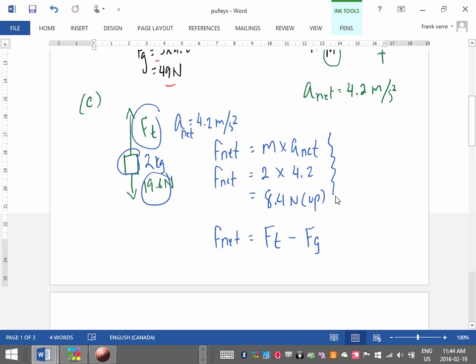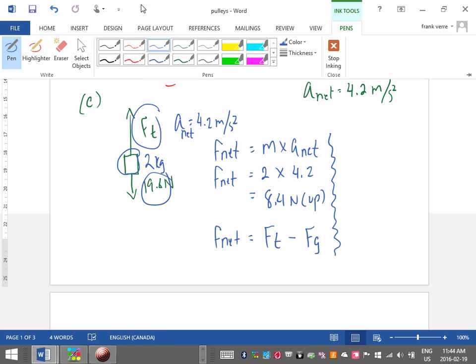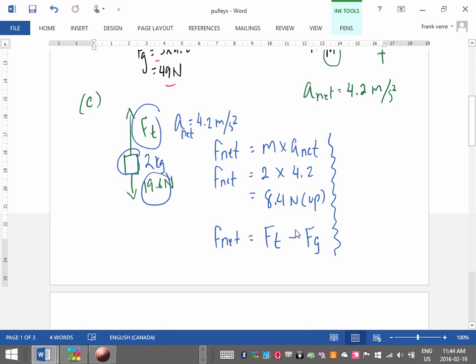So let's finish off our solution on this side. Change the color. So we could rearrange and solve for Ft. Because we have this, we just figured that out, and we already have this from before. So the tension would have to be the net force plus the weight.